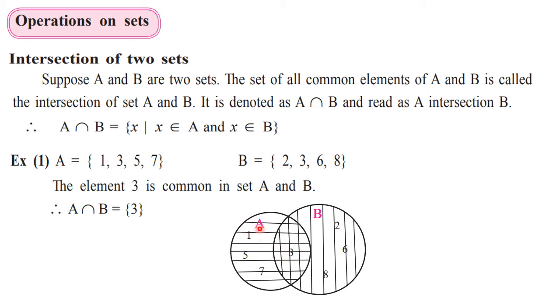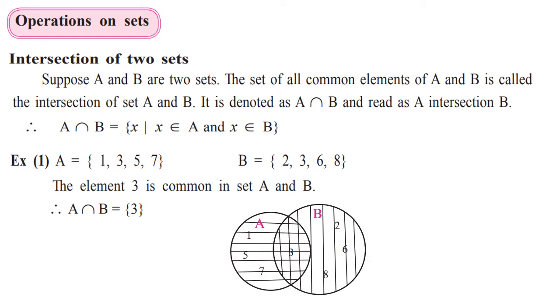Then remaining elements from A, that means 1, 5 and 7, are written here. And in this part, remaining elements from B, that is 2, 6 and 8 are written. So in this way we can show the intersection of two sets.